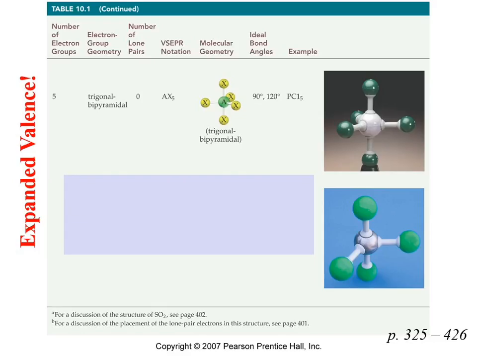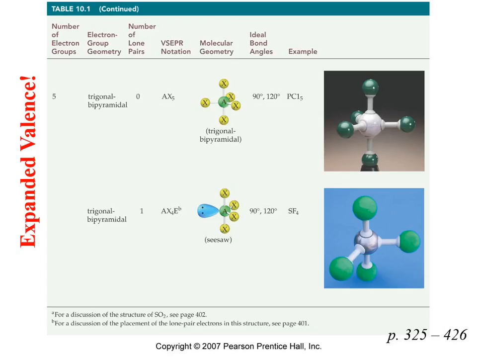But let's go ahead and start substituting. Instead of having an atom, what if this is just a lone pair of electrons? Well, it would still be trigonal bipyramidal with regard to the shape around that atom A, but with regard to the molecule, it's seesaw. How cool is that? See how that works?